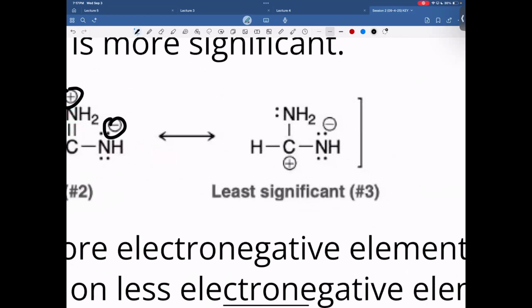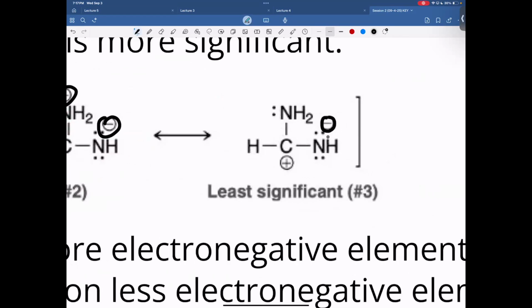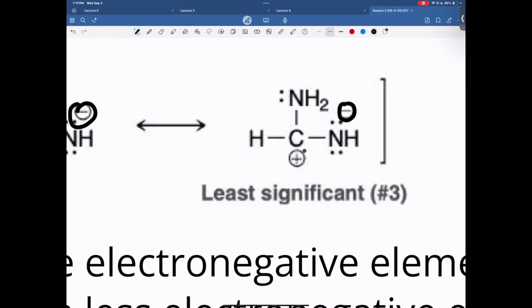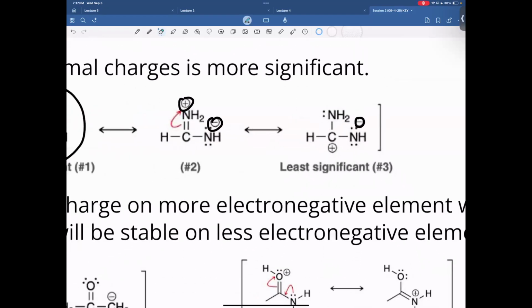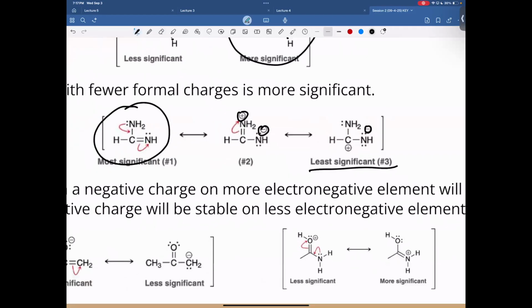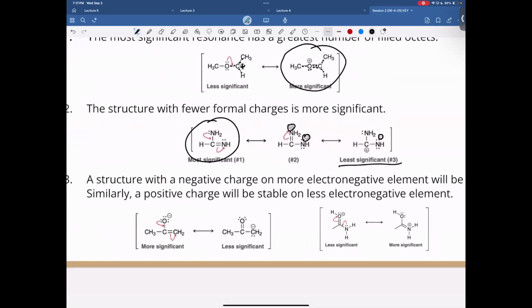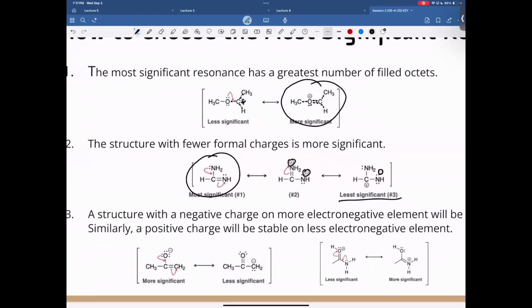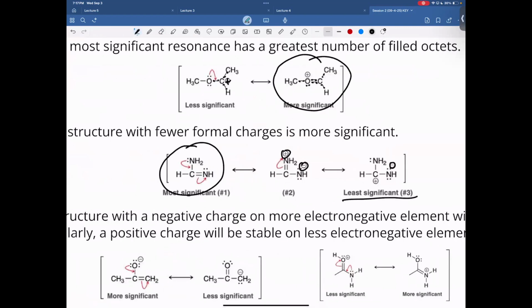But if we look on this one, the negative charge is still on the nitrogen, so that's a filled octet. But this carbon here has a positive charge, a carbocation, meaning it's not a filled octet. Place it as the least significant resonance structure. Make sense? So you have to use a combination of these sometimes to really figure out which one is the most significant or not.